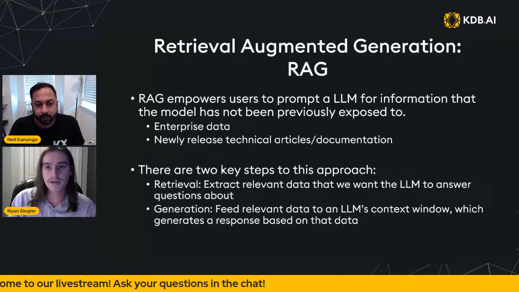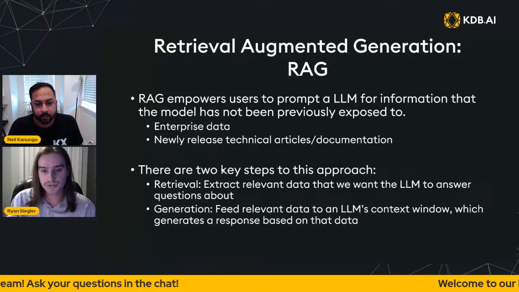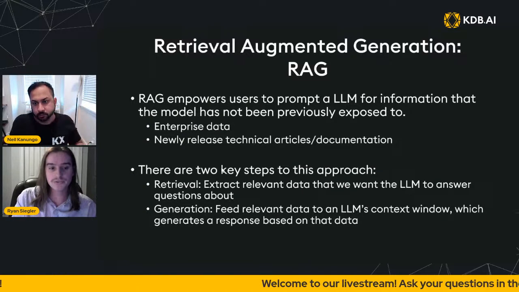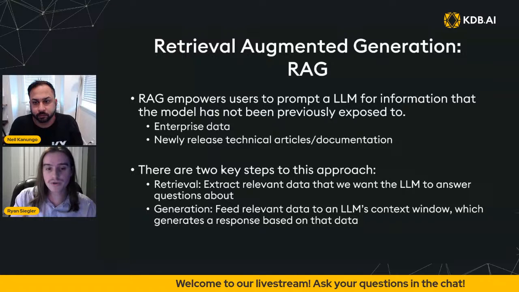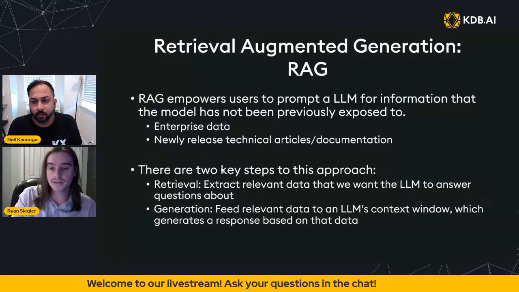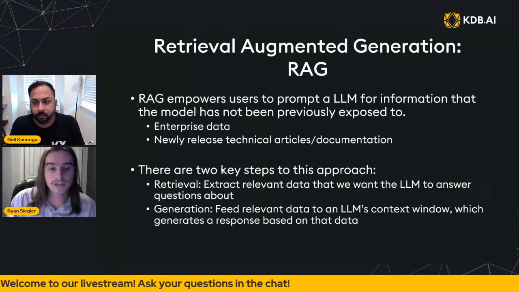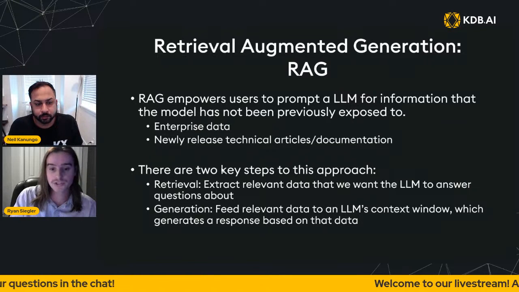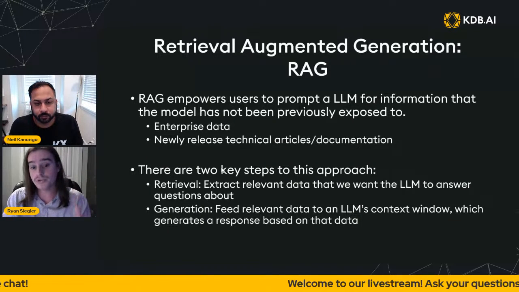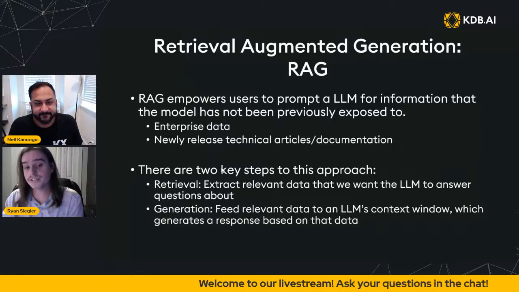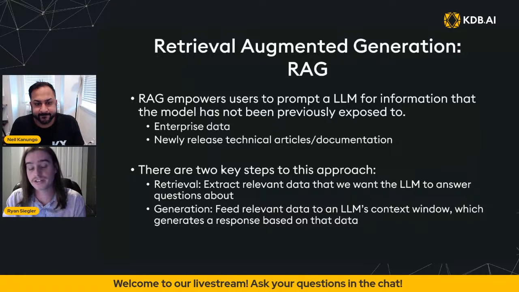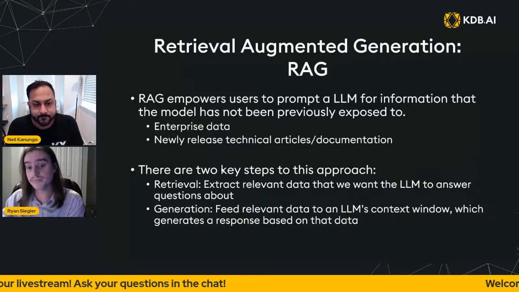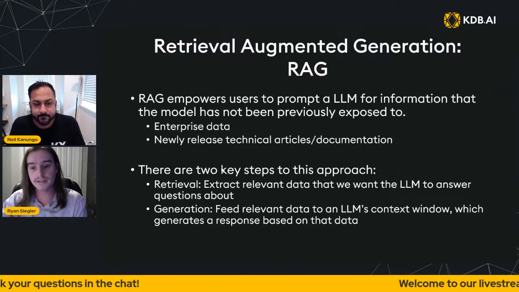In the RAG pipeline, there are really two sides. Like I said, the first one is the retrieval side. That's where we extract relevant data from, for example, enterprise data or new news articles, and we extract that. The next step is generation, where we pass that extracted relevant information to the LLM, where it can use that to answer questions about that data.